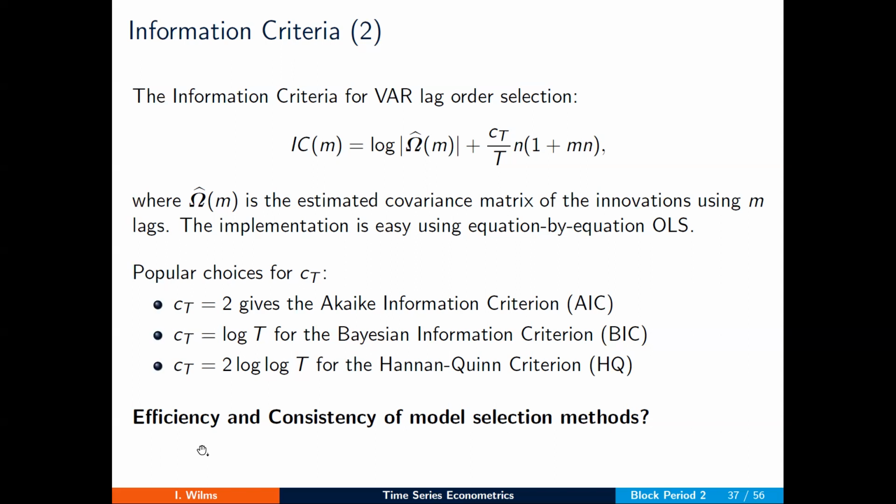And if this ratio converges in probability to 1, then our selected model would be efficient. AIC is efficient, but an information criterion can't satisfy both properties at the same time.